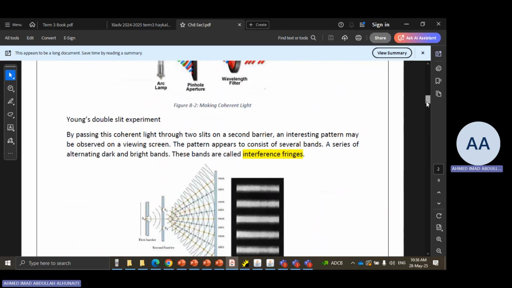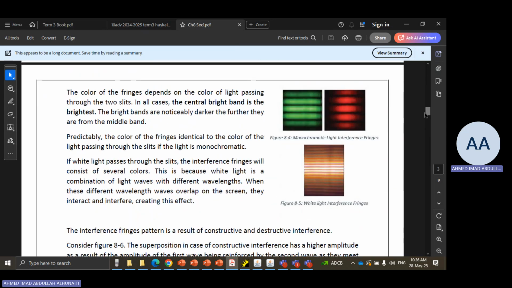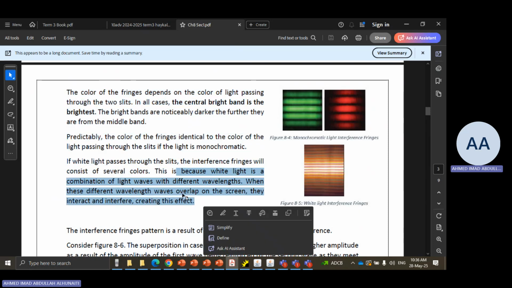Have a look here, let's compare different colored lights going through a double slit. So here is green, red versus white. With white, you observe many different colors. Why is this happening? This is because white light is a combination of light waves with different wavelengths. And these different wavelengths overlap on the screen. They interact and interfere, creating this effect.